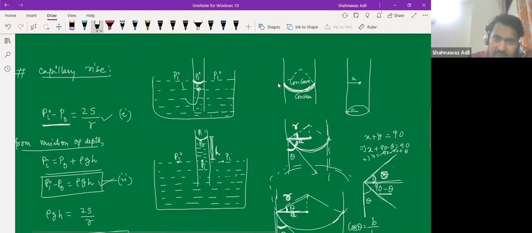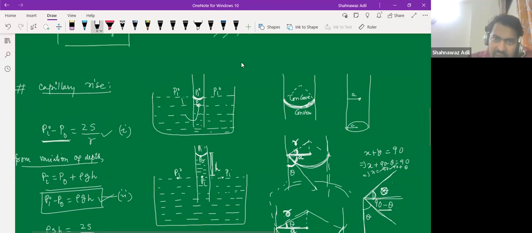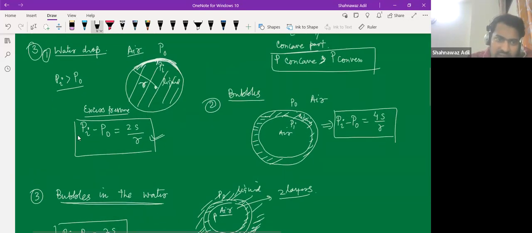Then the second part we used is the variation of pressure with depth. We assumed this is a part of a sphere, made a radius, and wrote the excess pressure, 2s by r.